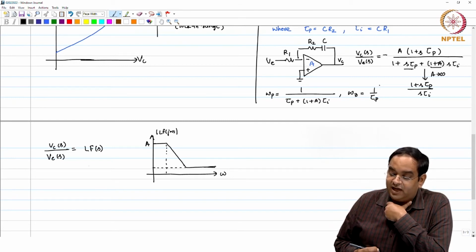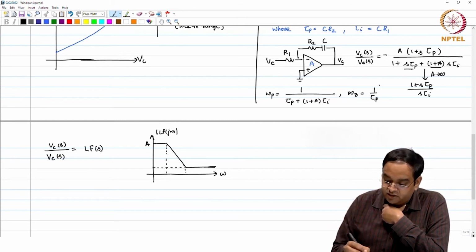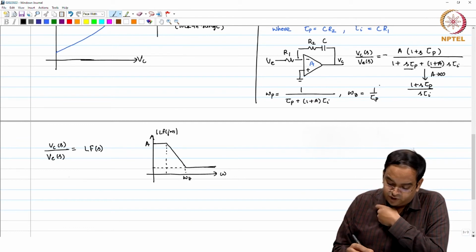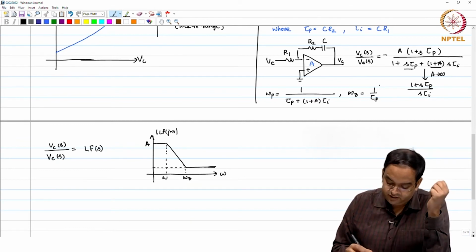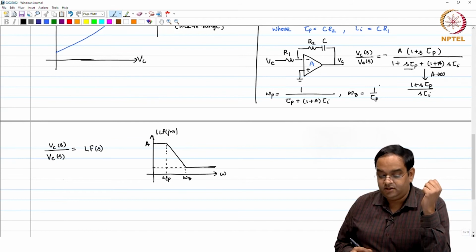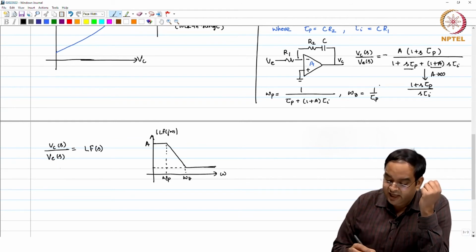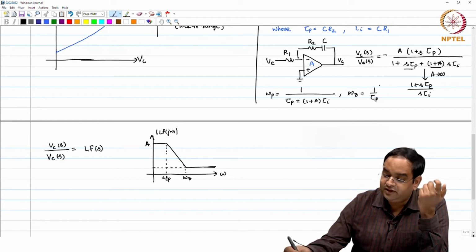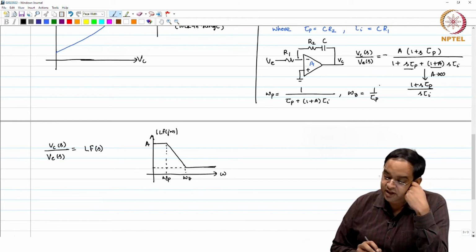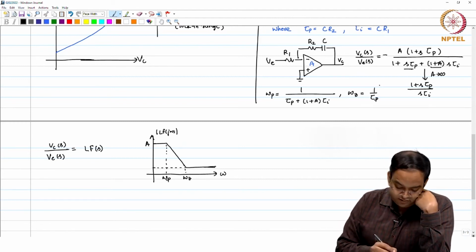So, after the 0 location you will see a flat response. This is omega p, right, and what is this value? You can find this value as s tends to infinity. You can substitute in the loop filter transfer function as s tends to infinity. So, I just want to find loop filter of s as s tends to infinity.